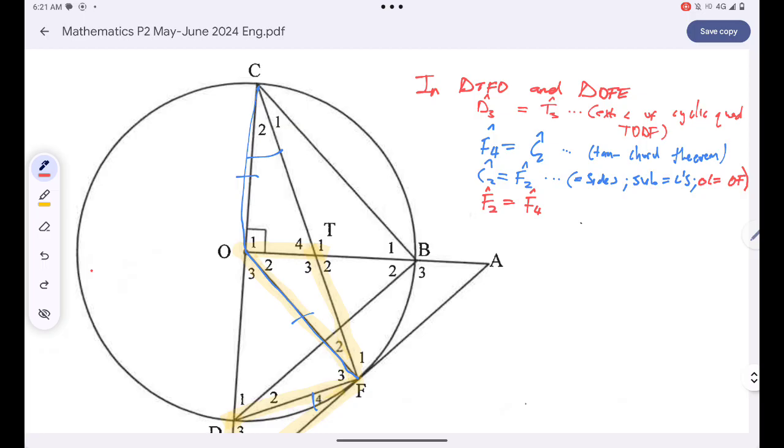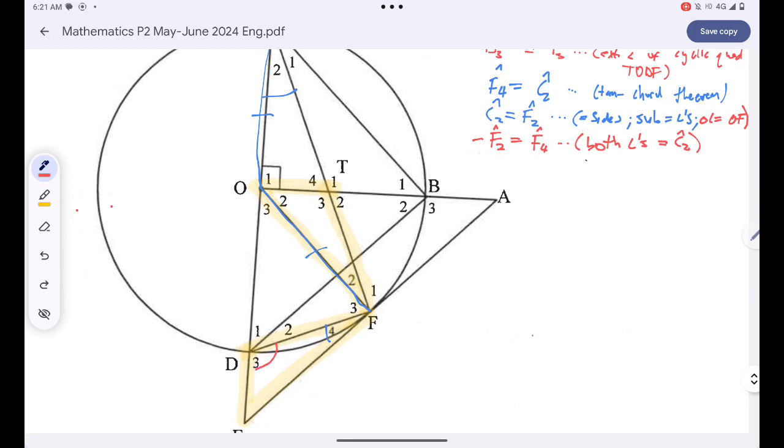Angle F2 is equal to angle F4, and the reason is because both angles are equal to angle C2. Now I've proven that two angles of these two triangles are the same. Firstly, I said D3 is equal to T3, and then F4 is equal to F2.